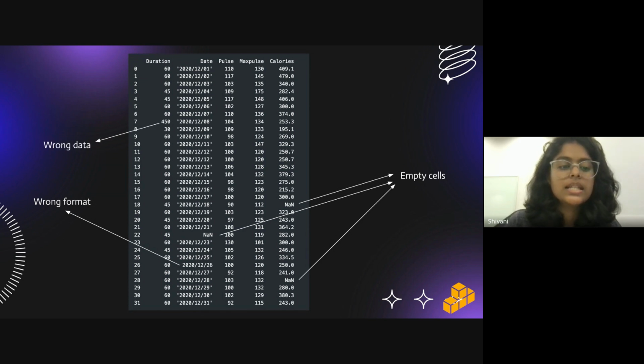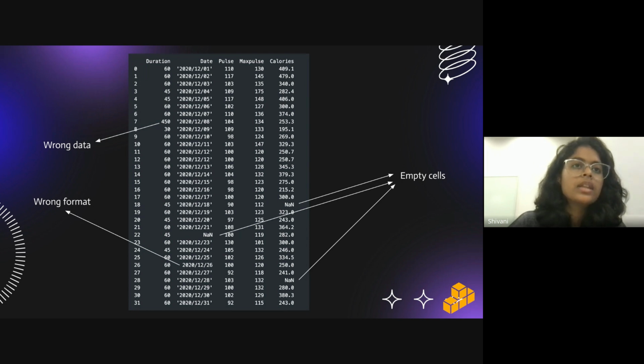Third error is there's wrong data. The duration is 450. That means 9 hours there. I'm pretty sure no one exercises for 9 hours. I'm hoping no one does. This could imply that since everyone else's input is 30, 45, and 60, this person could have meant 45 but accidentally typed it as 450.